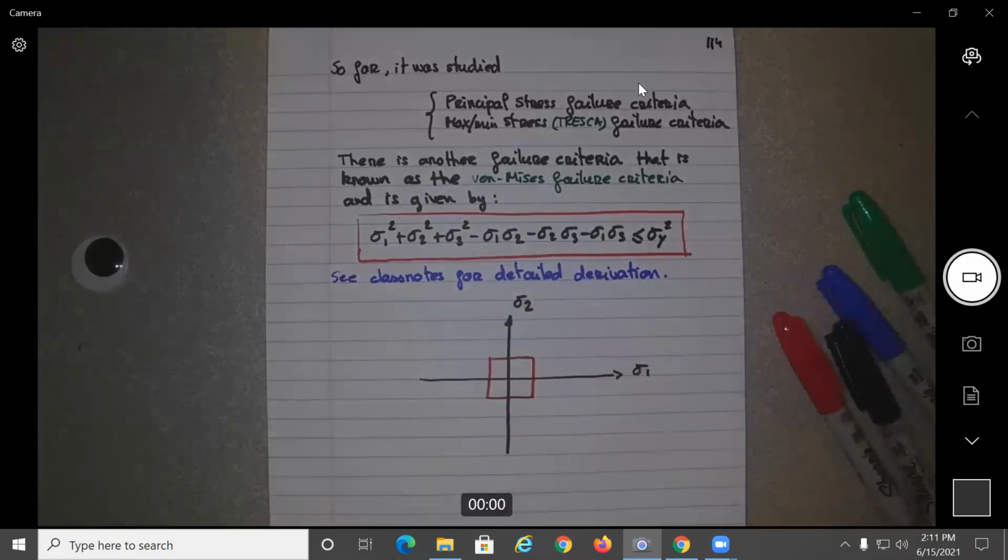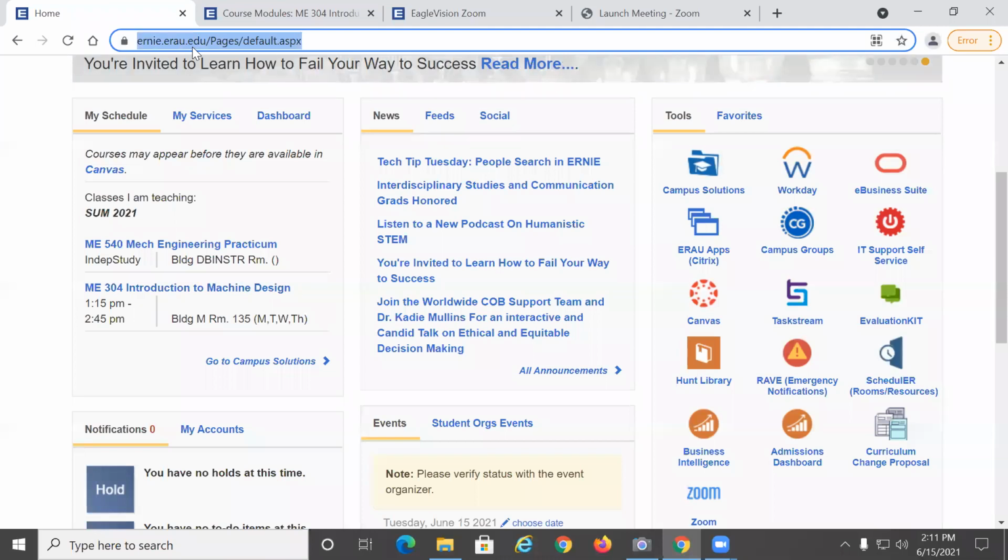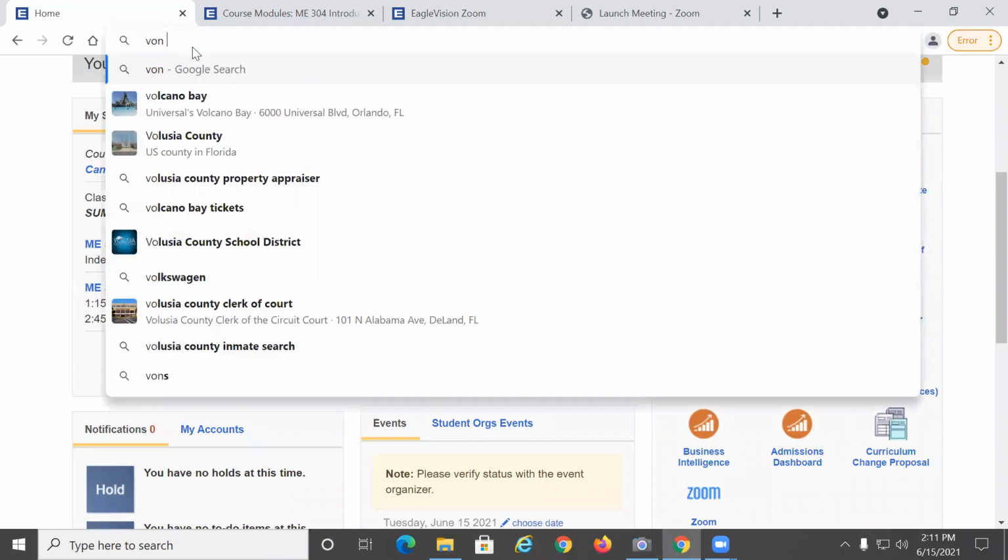Maybe it might just be easier to Google it so you can do the figure. Should have a better figure. Let's see if I can do this. Okay, doesn't matter. So let's see, von Mises.